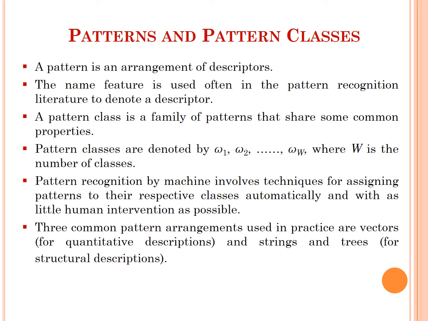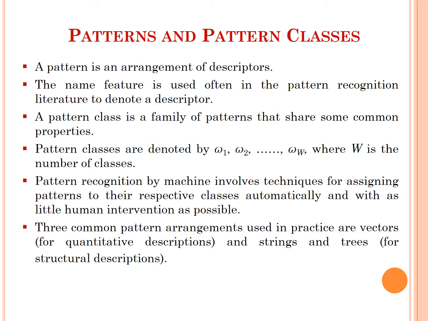Patterns and pattern classes. A pattern is an arrangement of descriptors. The name feature is used often in the pattern recognition literature to denote a descriptor. A pattern class is a family of patterns that share some common properties. Pattern classes are denoted by omega 1, omega 2 up to omega w, where w is the number of classes.